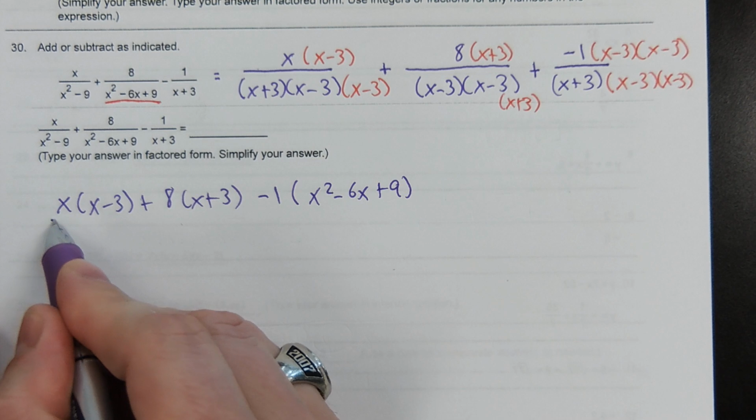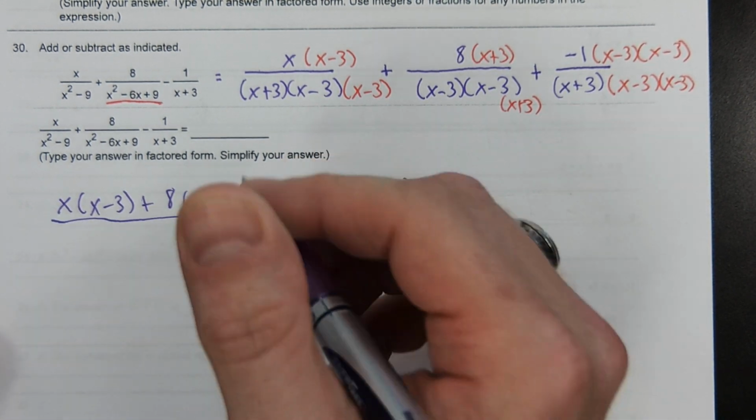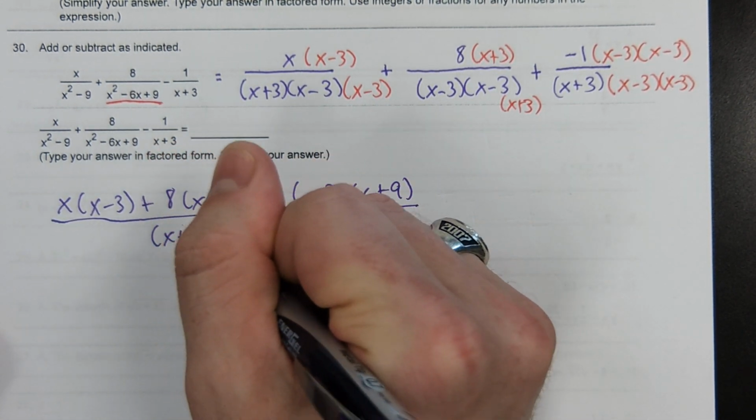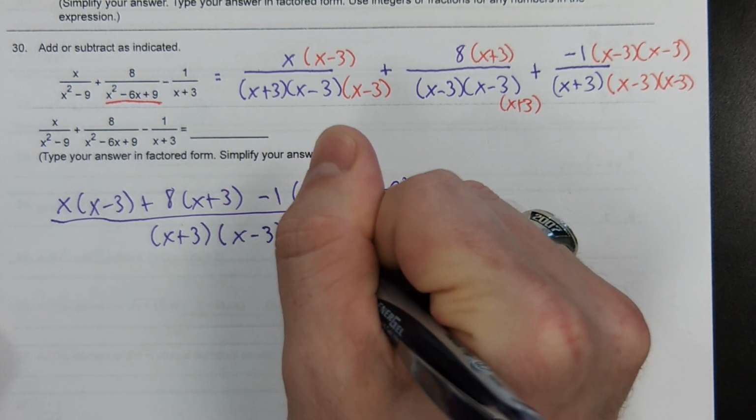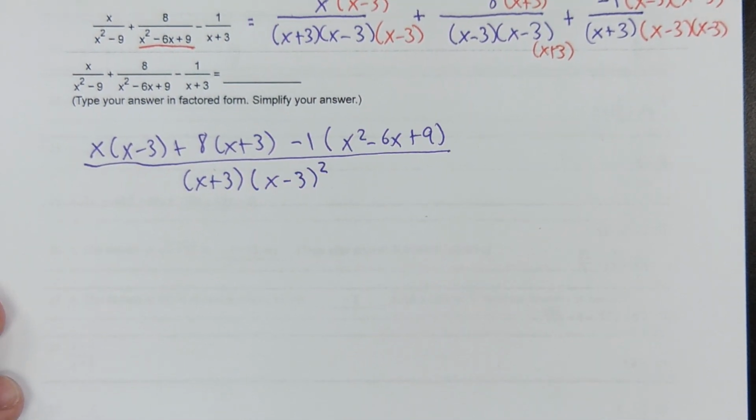All of that is over our least common denominator, which was x plus 3 and a pair of x minus 3's. And instead of writing x minus 3 twice, I'm going to do it like that. Okay.